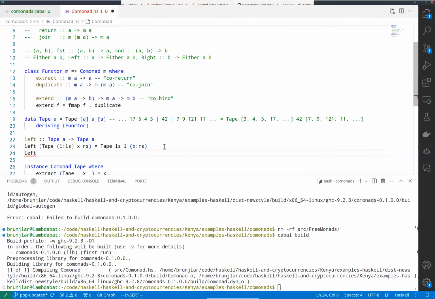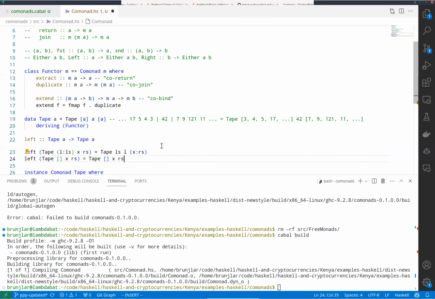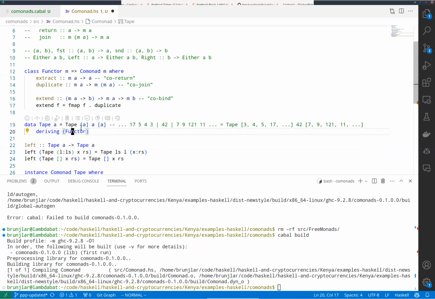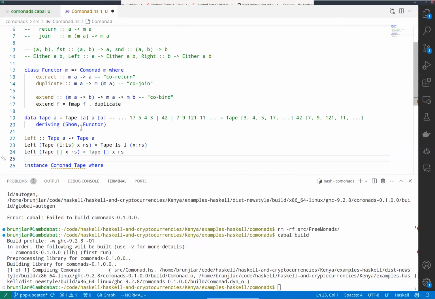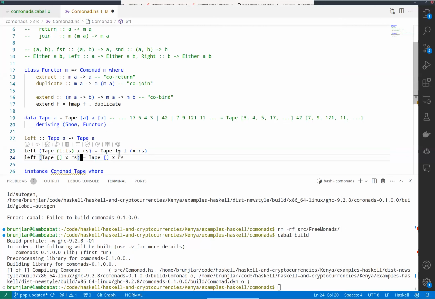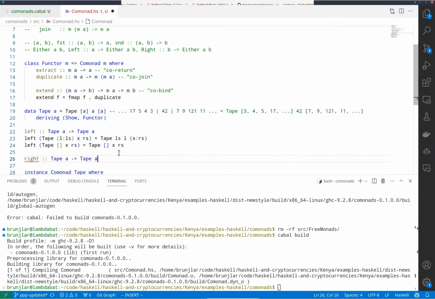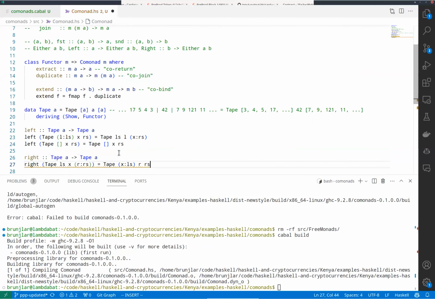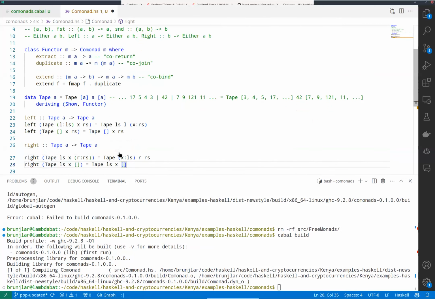Copilot suggests that if the list is finite, then we don't do anything, so we don't move left. I'm not sure whether it's a good idea, but why not? Okay, fine. And of course you can do the same on the right.